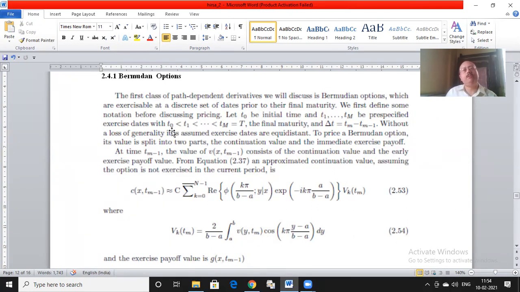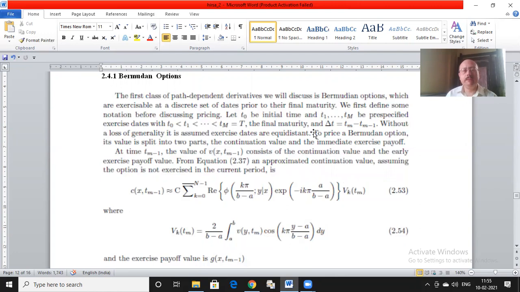And T capital M is, of course, by default an exercise date. So I actually have capital M many possible exercise dates, including the exercise at maturity. So this is better than a European option. I have multiple exercise dates, but it is not as unlimited as the American option, which has infinitely many.